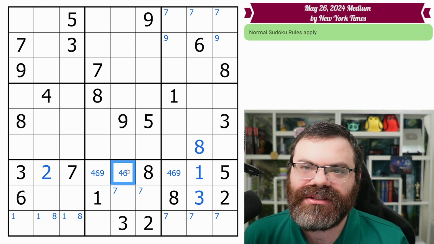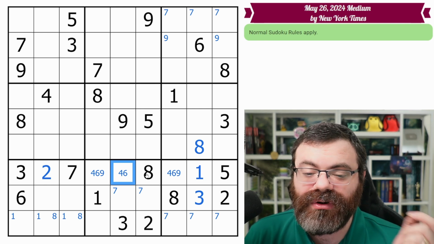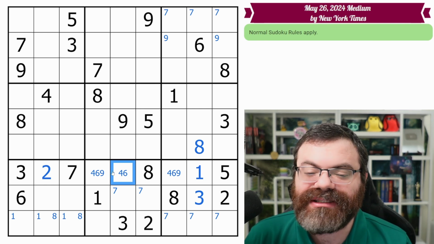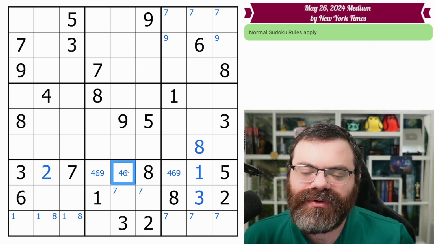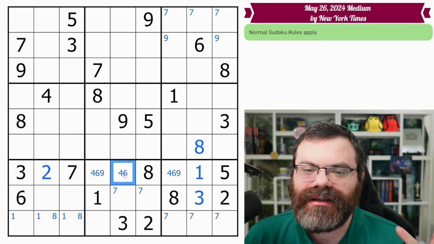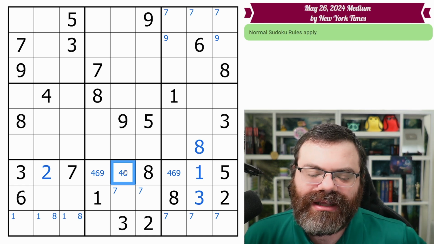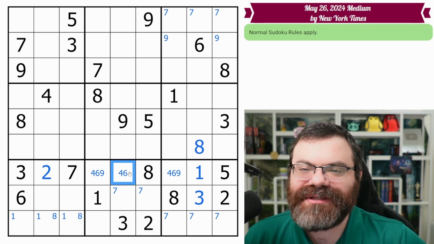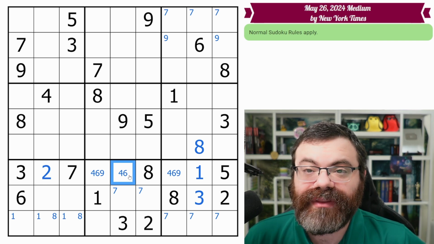So when we look at the solution to this puzzle, this cell that I have highlighted here will only ever be a 4 or a 6 and nothing else. And that's what this center mark is reminding us of. It's a true fact about the cell that we're using center marks as a reminder. I guess reminder is the best word to indicate that. So it's not that the center marks cause it necessarily, it's that we are notating that we've discovered that.